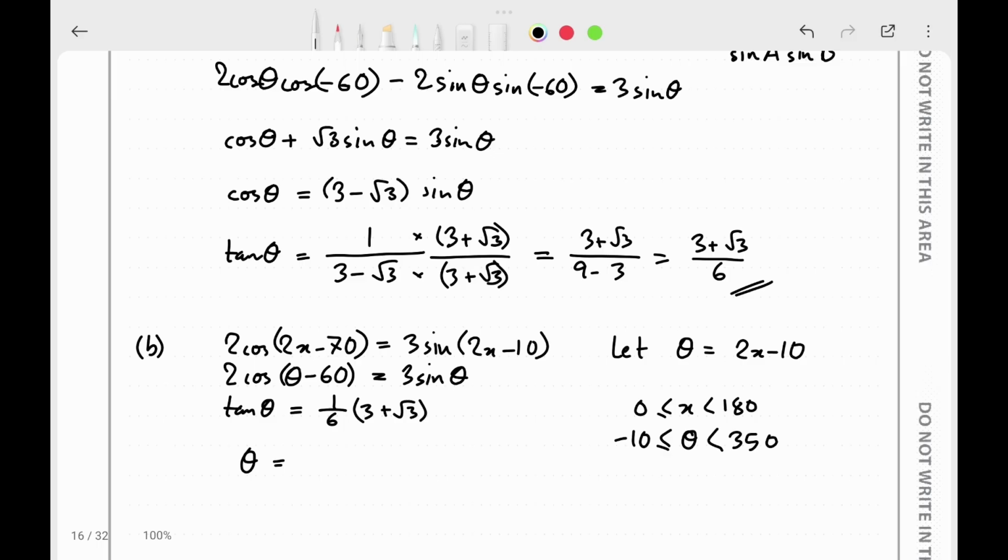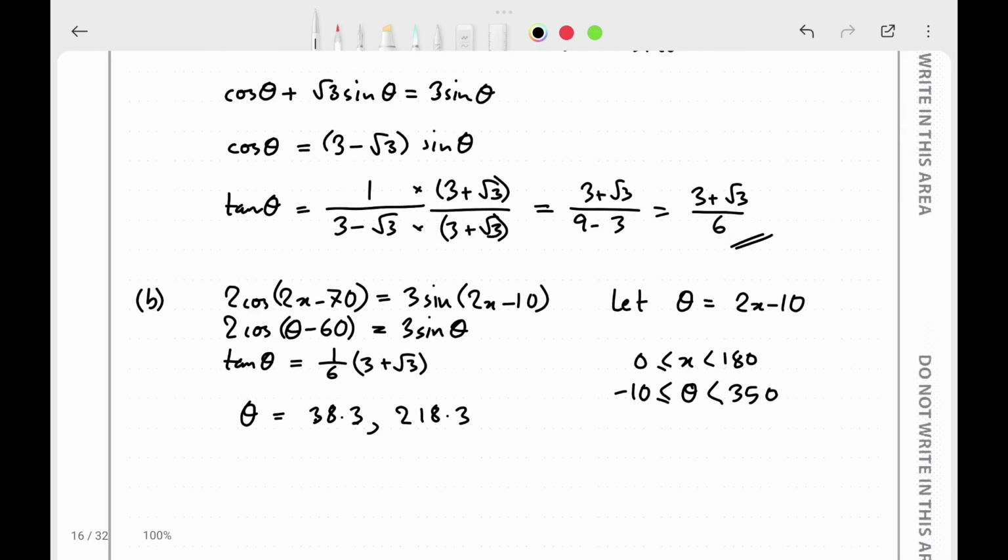Okay, so theta is equal to 38.3 or 218.3. So the theta is equal to 2x plus 2x minus 10.